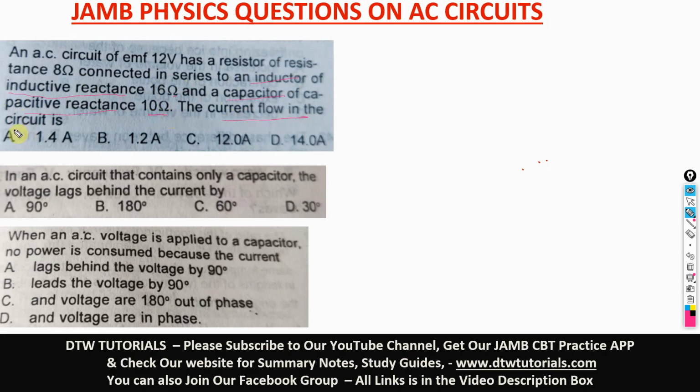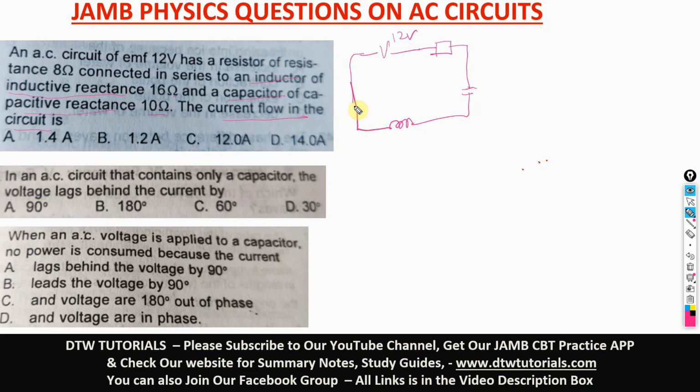The current flowing in the circuit is, okay, so an AC has an EMF of 12 volts. It's connected in series. We have a resistor, the capacitor here, and also the inductor here.